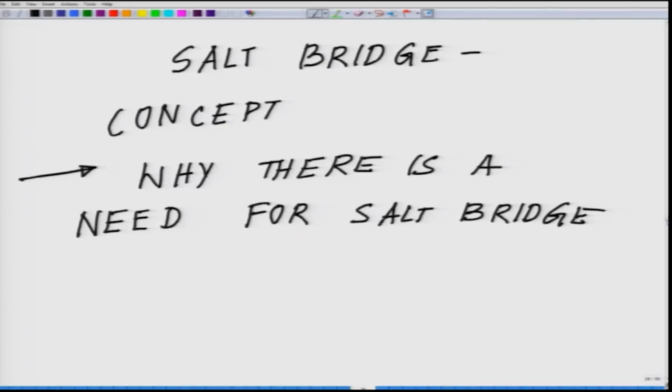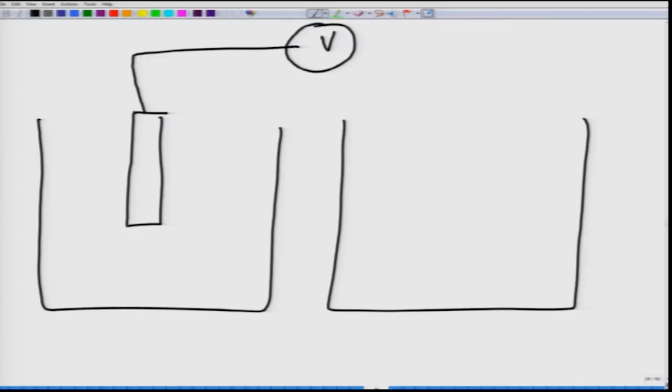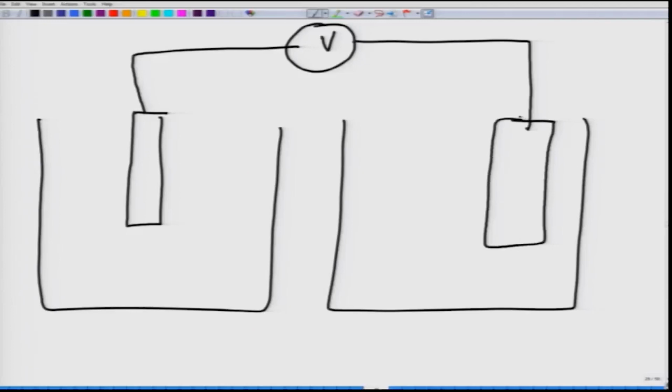Let us draw the situation where we did not get any network done. Here we have two different beakers. We have the voltmeter or potentiometer, a silver electrode, Ag, and a cadmium electrode.